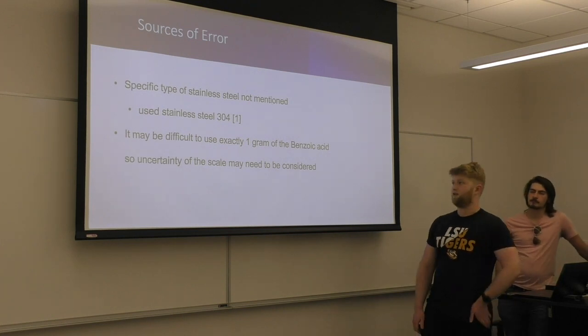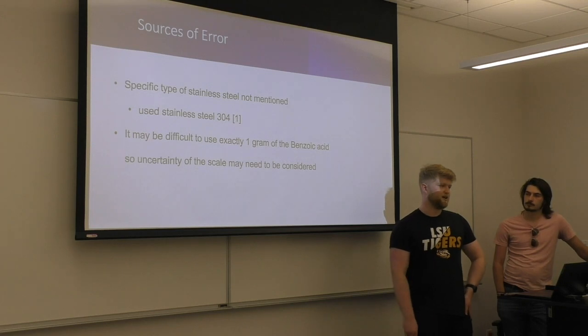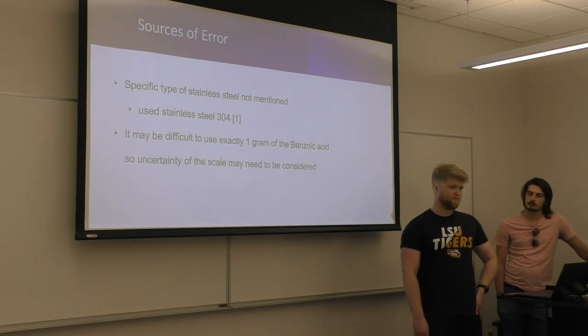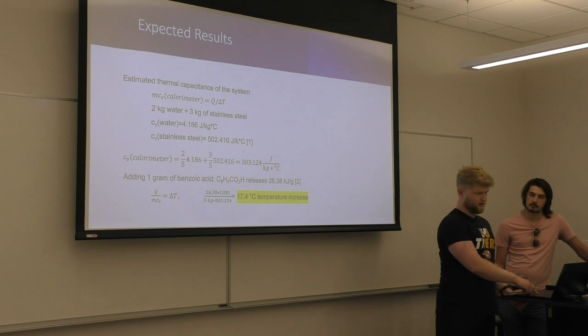Also for the 1 gram of benzoic acid, I don't know exactly how it's going to be measured, so it might not be exactly 1 gram, and because its heat of combustion is pretty significant, 26.38 kilojoules per gram, if it's off, that might have a pretty big effect as well.